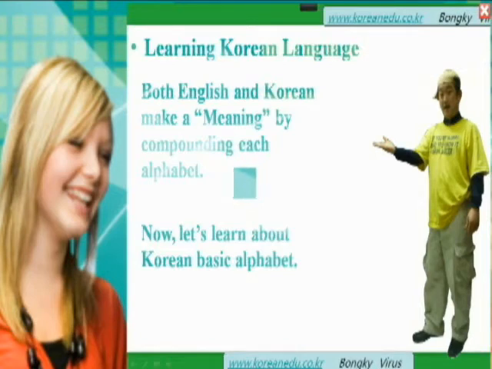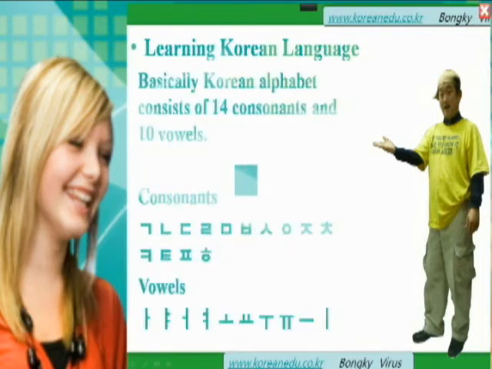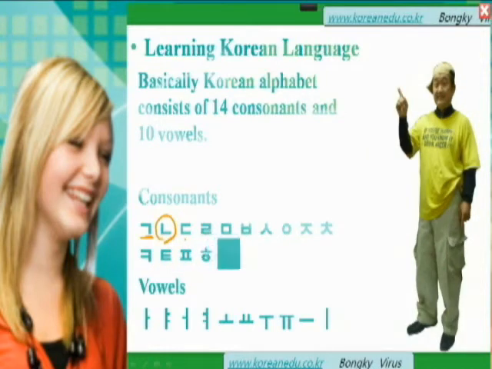Now, let's learn about the Korean basic alphabet. I will show you. Basically, there are 14 consonants and 10 vowels in the Korean alphabet. Let's see the consonants first. The first one is 기역, 니은, 디귿, 리을, 미음, 비읍, 시옷, 이응, 지읒, 치읓, 키읔, 티읕, 피읍, 히읗.